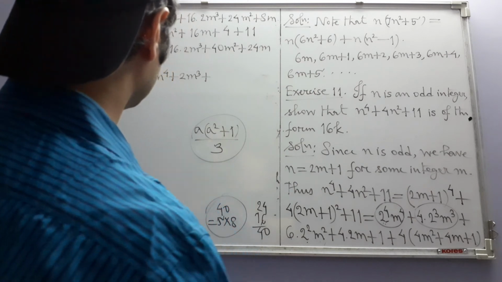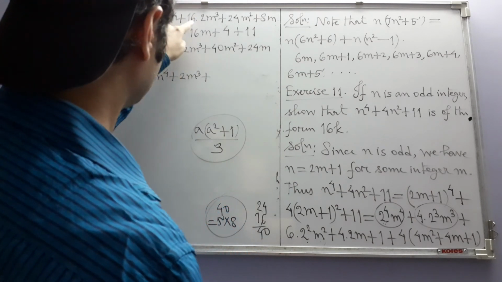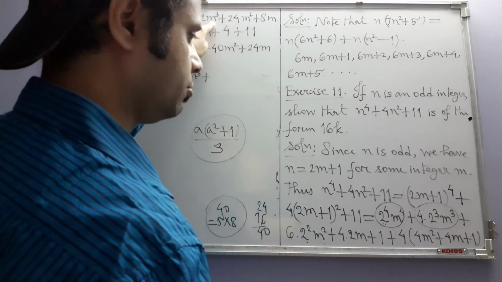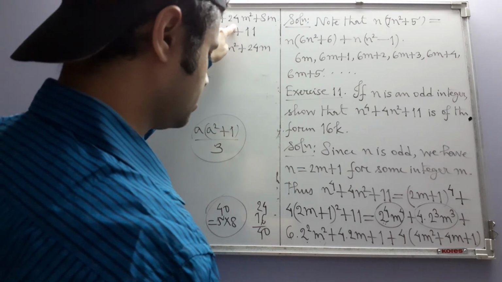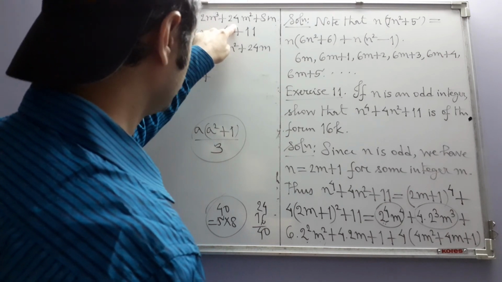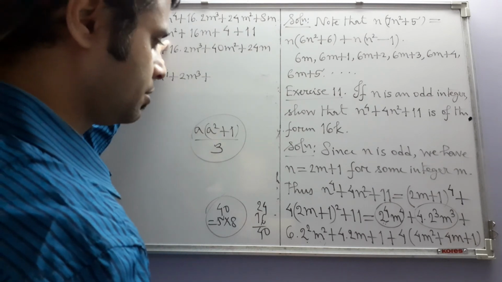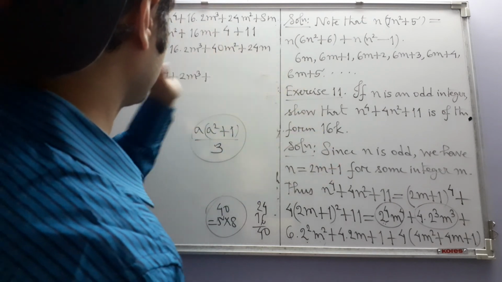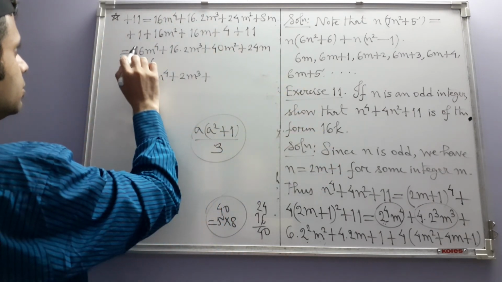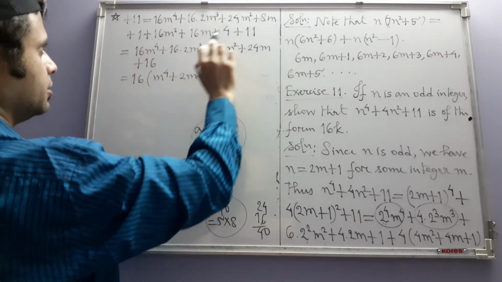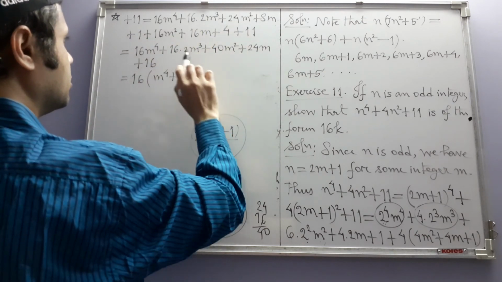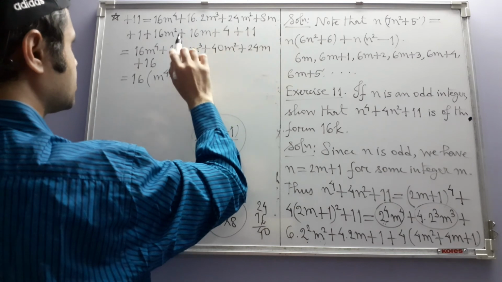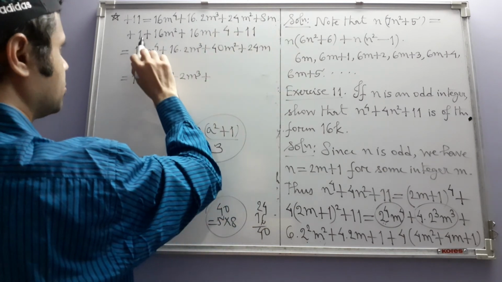Okay, so this one is 16m to the power 4 plus 16 times 2m cube plus 24m square plus 8m plus 1 plus 16m square plus 16m plus 4 plus 11. So 16m to the power 4 plus this thing, yes, this is 40m square plus 24m plus 16.